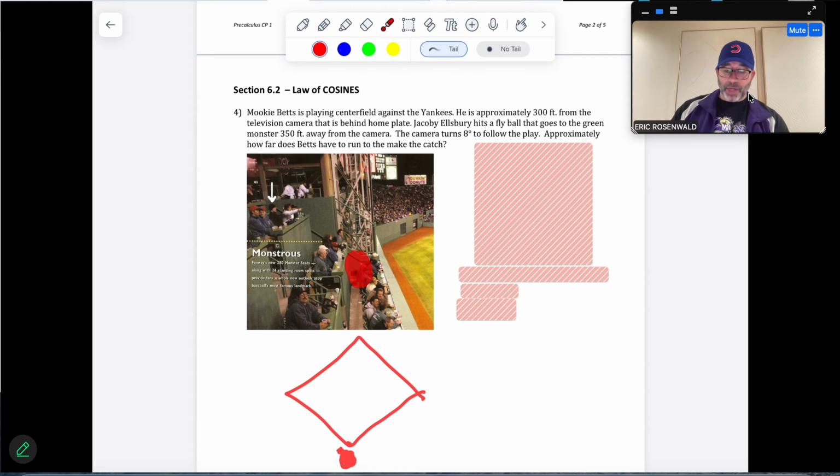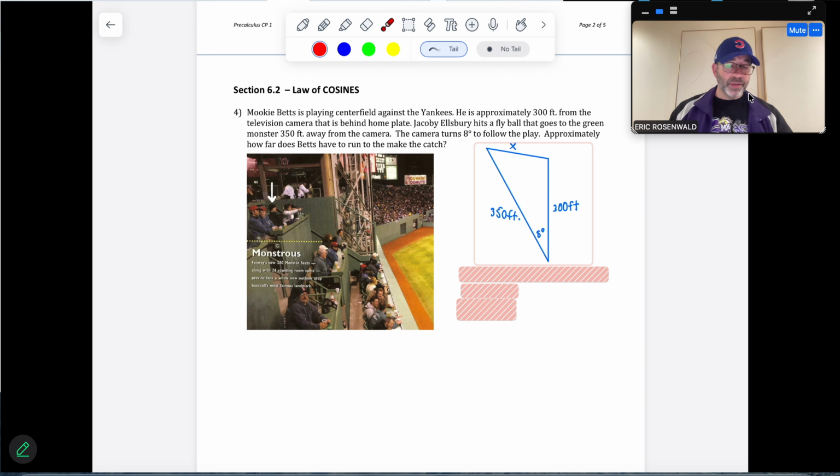So the guy hits a ball, boom, it goes off in the distance, 350 feet. The camera, which is normally facing the player, now has to turn to follow the ball. So now the camera is going off in this direction, following the ball, but the outfielder has to run towards the ball. So the question is asking, how far does the runner have to run?